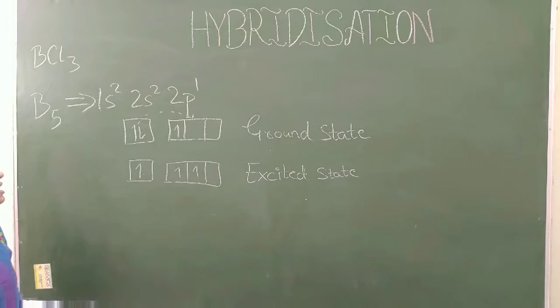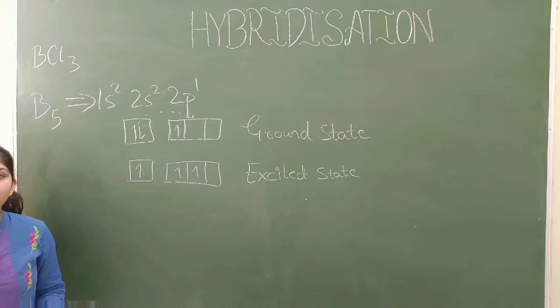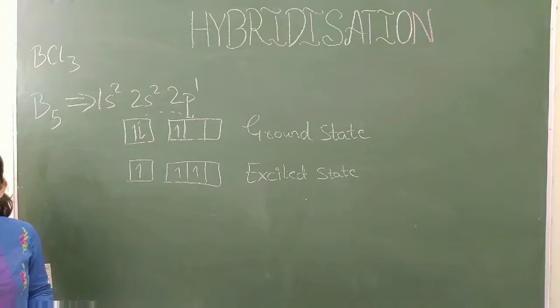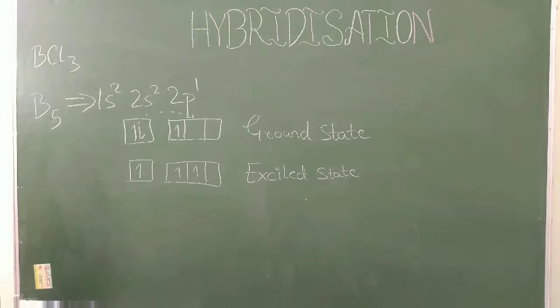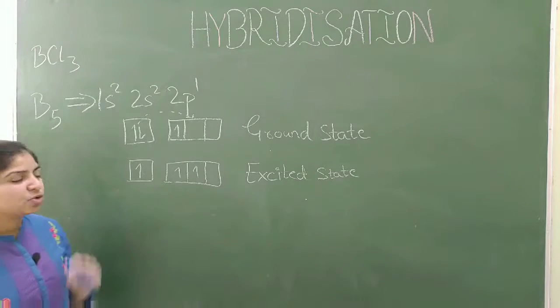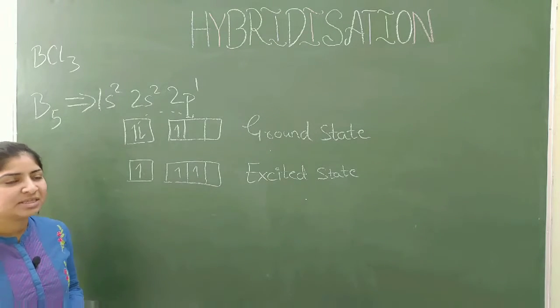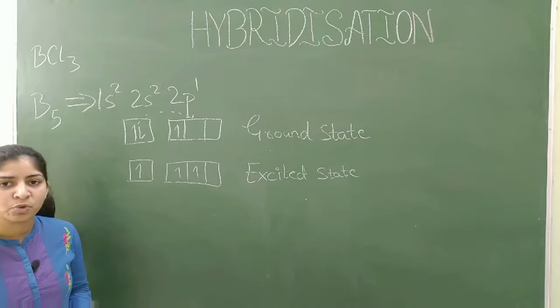Let us discuss the hybridization for boron. As we know, atomic number of boron is 5 and electronic configuration is 1s2, 2s2 and 2p1. Number of valence electrons present in boron is 3, that is electrons present in the outermost shell, and there are 2 electrons in 2s and 1 electron in 2p.